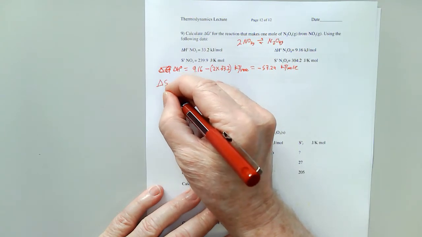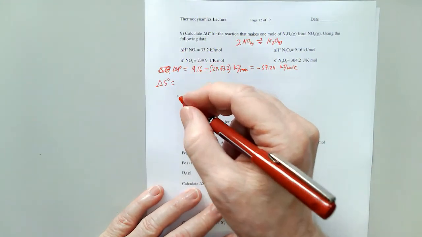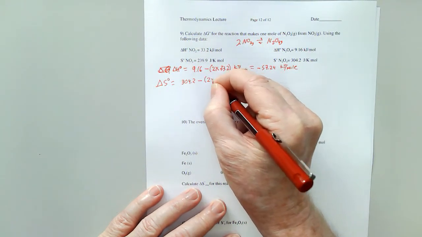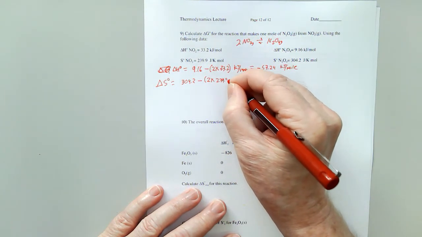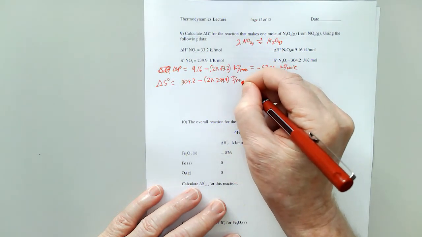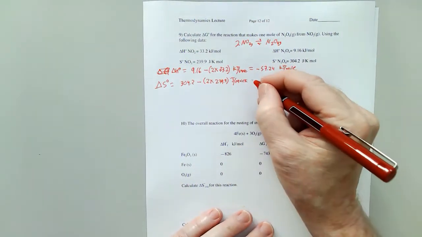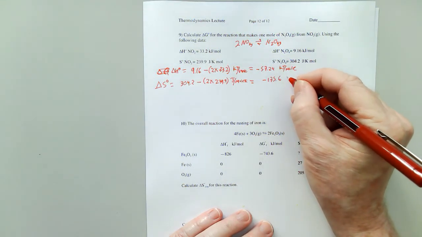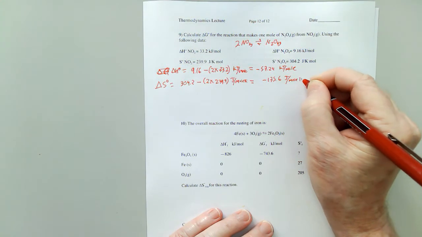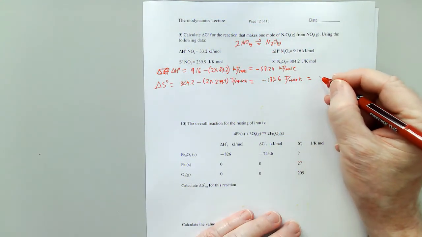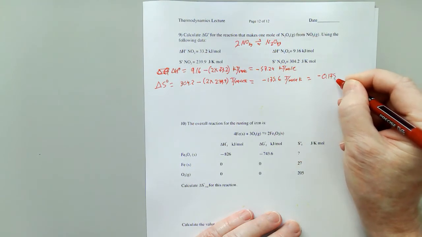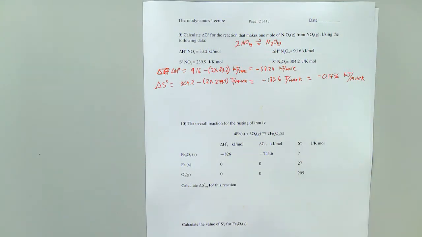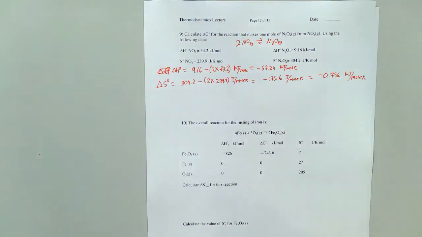Then for the entropy change, delta S naught, that equals 304.2 minus 2 times 239.9, but in this case, joules per mole K, and that equals negative 175.6 joules per mole K. And if I divide that by 1,000, that equals negative 0.1756 kilojoules per mole K. And that's good, so they're now both in the same unit.